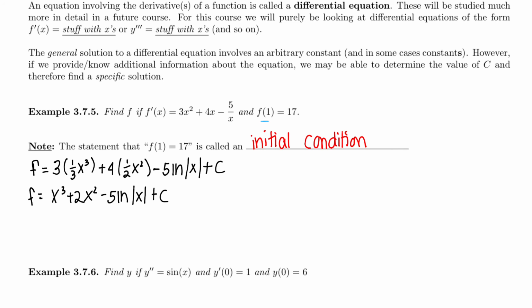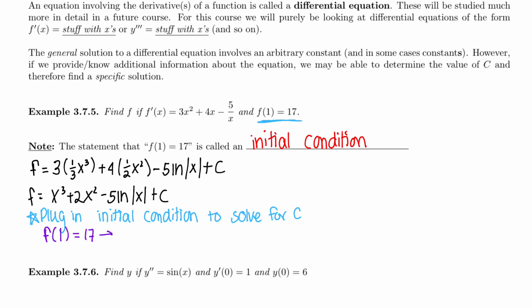Now we have an initial condition we can plug in, and that'll give us information to solve for c. So we know that f of 1 is equal to 17. So 17 is equal to plugging in 1 to this equation.